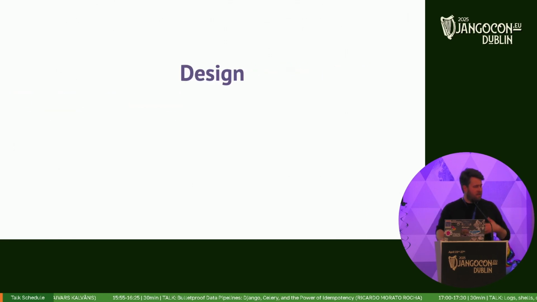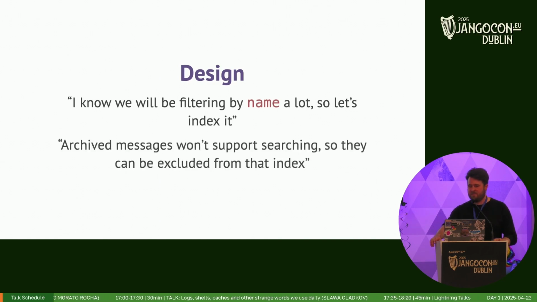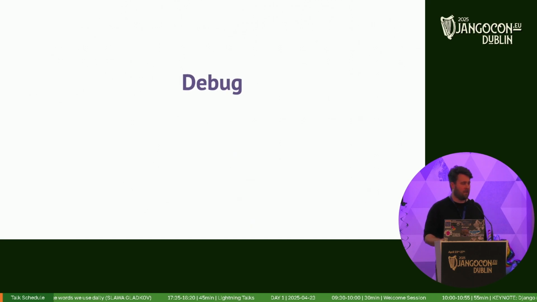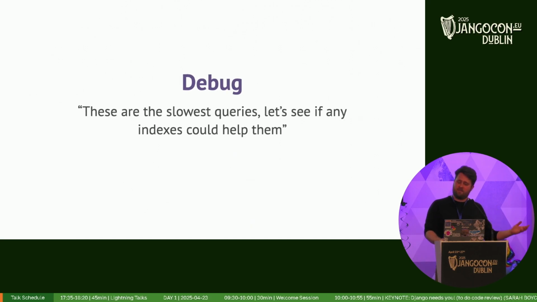So when we design, we've got to ask ourselves these kind of questions when we're building the model, when we're reviewing code. I know we'll be filtering by the name field a lot, so let's index it. Or archived messages won't support searching, so they can be excluded from that index using the inclusion condition I discussed. When it comes to debugging, it's the other way around, and we're looking at things like, these are the slowest queries.